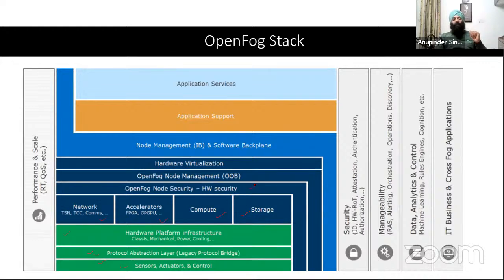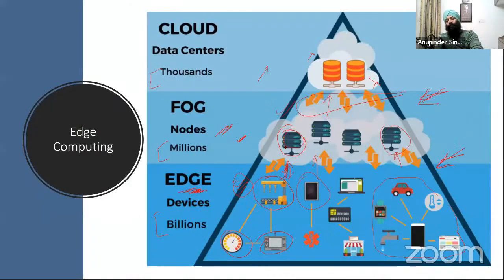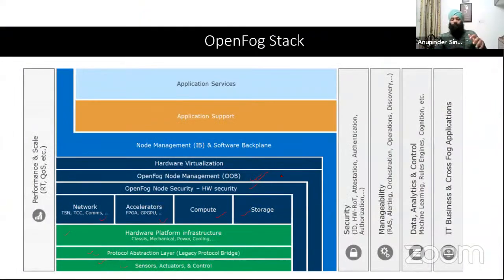And then security is supposed to be done, and the node management is supposed to be done. When we are considering multiple nodes at a particular layer, then we are supposed to have that management corresponding to those sets of nodes, right? So you cannot neglect that part. And then specifically hardware virtualization is supposed to be done because you are going to deploy the applications to these nodes, right?